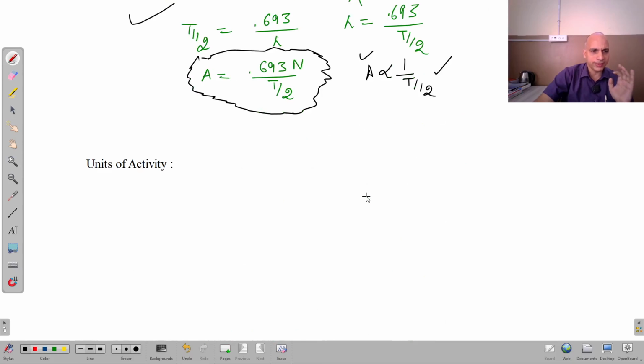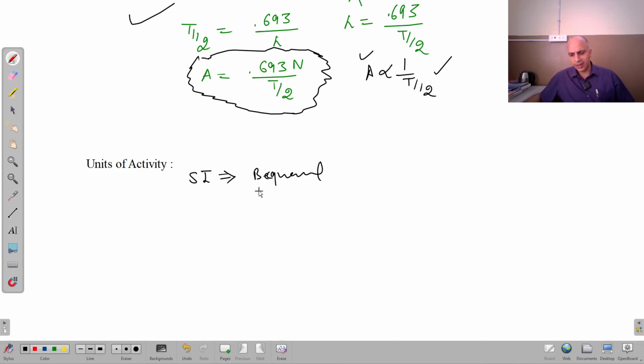Now I am coming to the units of activity or radioactivity. In radioactivity, different units are used. They are basically going to measure the number of disintegrations per unit time. The SI unit of radioactivity is the Becquerel.